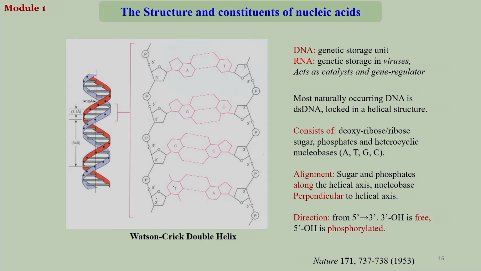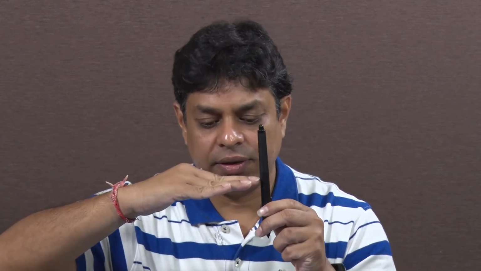They are oriented in such a way that they form a double helix. The sugar and the phosphate make the skeleton, the backbone of the DNA, and the flat aromatic nucleobases are perpendicular to the helix.